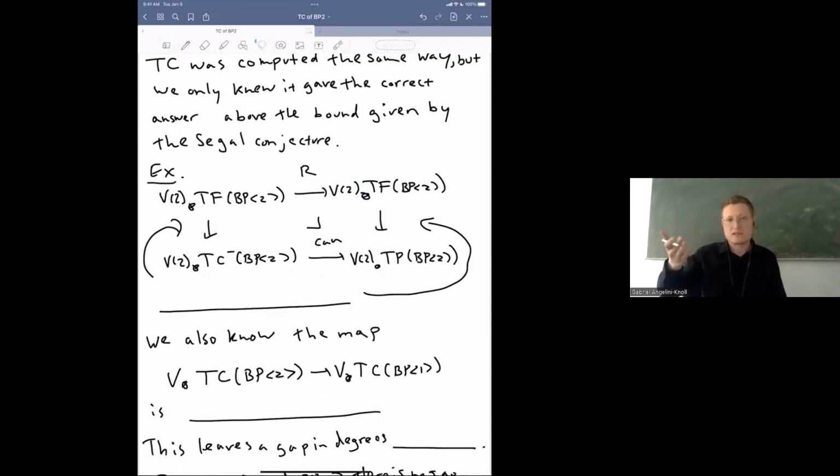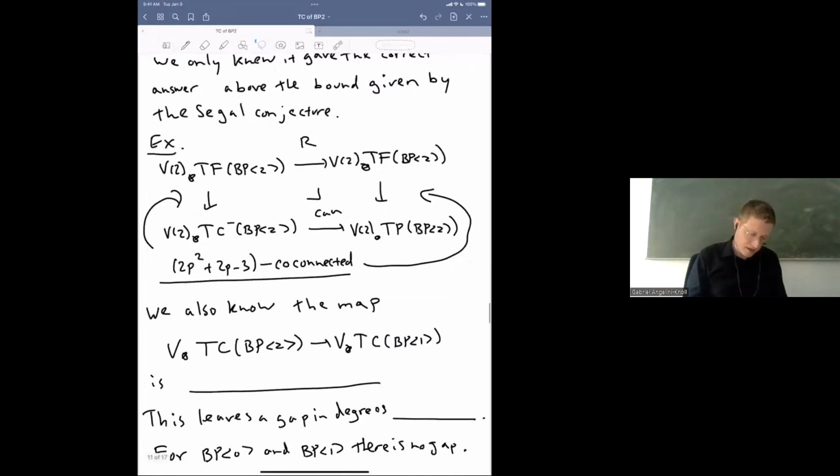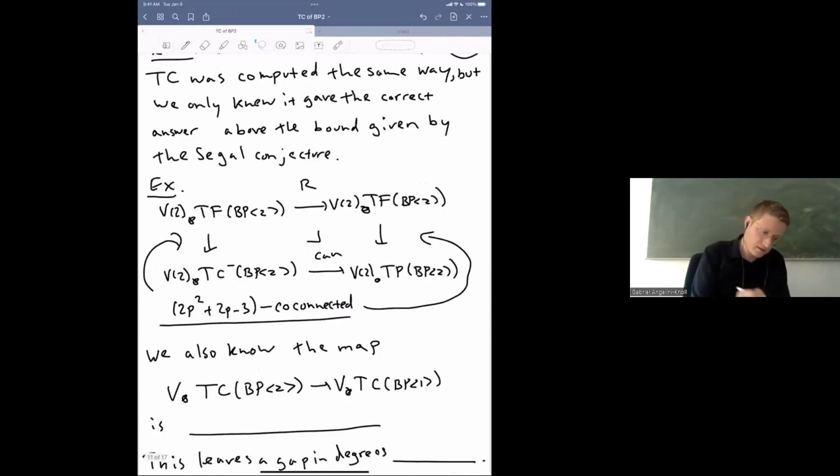You take the isotropy separation diagram for each C_{p^n} and take the limit. By Saliaz's theorem and the Segal conjecture calculation, we know that each of these maps is 2p²+2p−3 connected or co-connected. So that says that we can compute everything down here, and that tells us how to compute the top part.